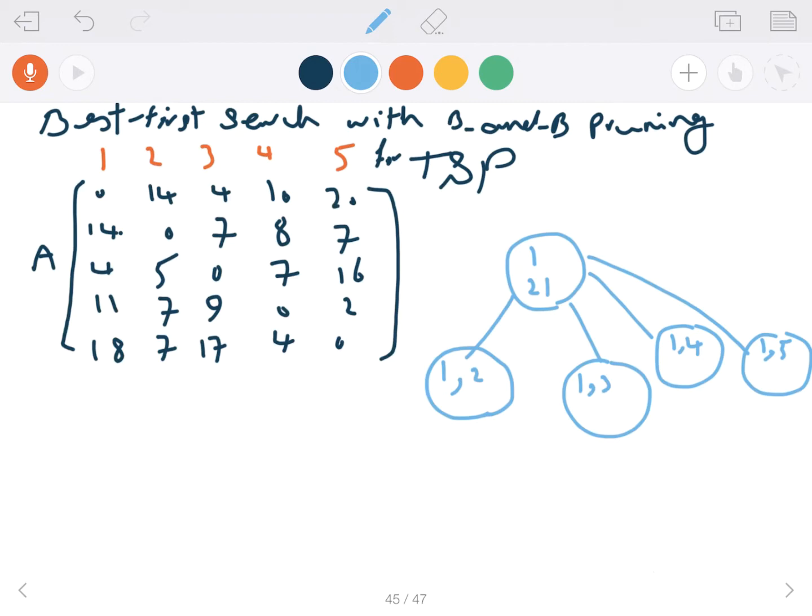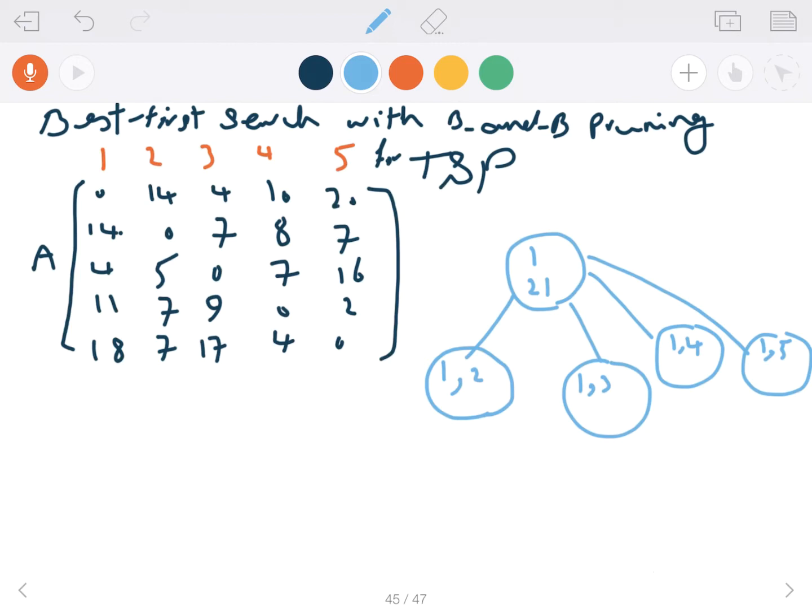So here we have four options. From node 1, we can go to node 2 or node 3 or 4 or 5. That's our options from node 1. Now let's calculate the bound for the node 1, 2. It means that we moved from node 1 and picked node 2.